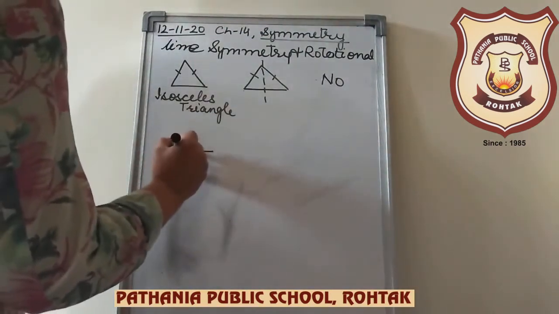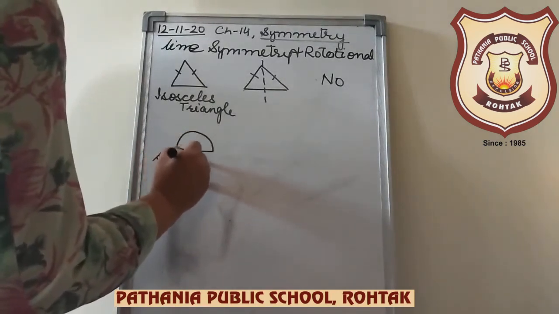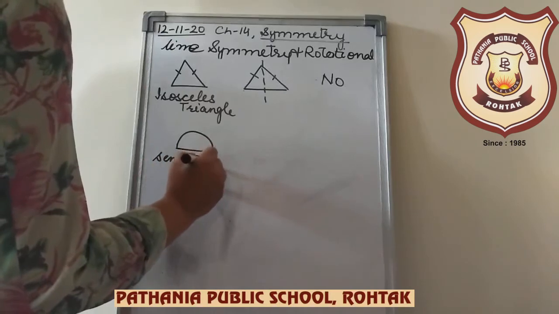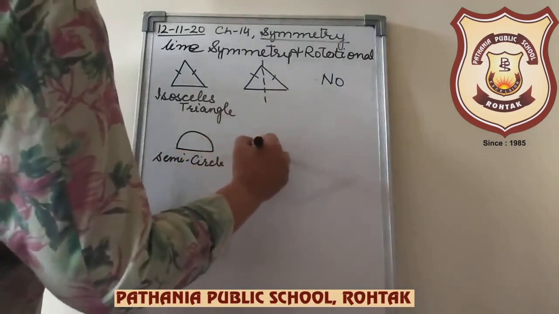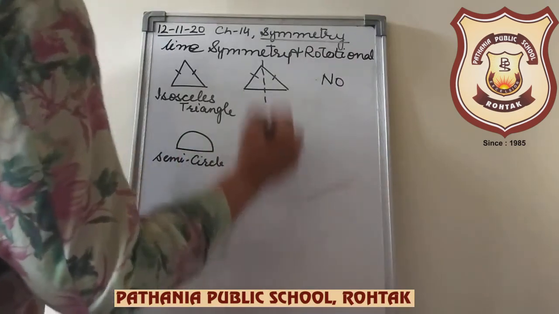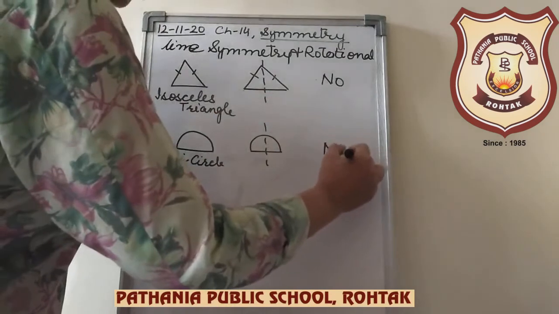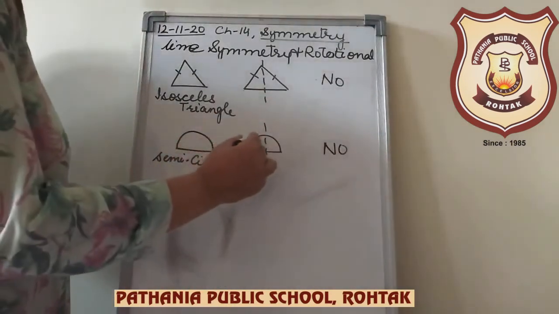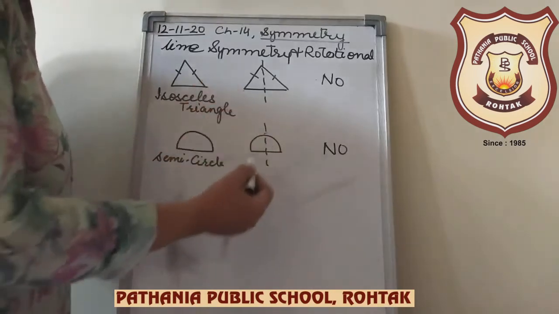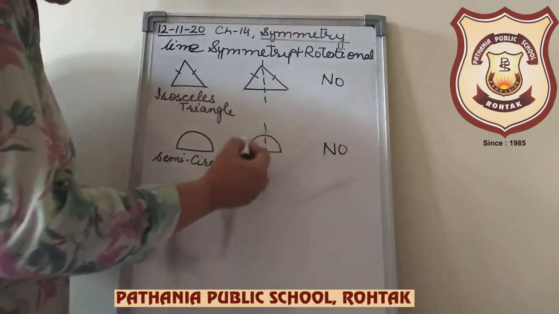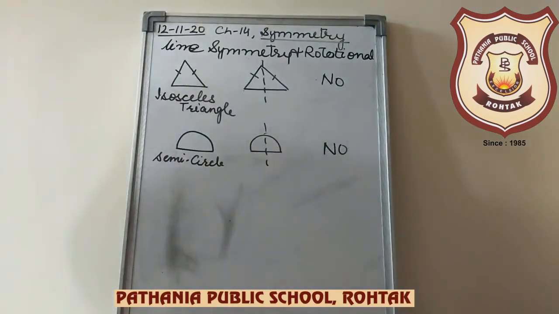Same is the case of a semicircle. When you draw a semicircle, there will be a line of symmetry, that too only one, but again no rotational symmetry, as at every 90-degree move or any degree move till 360 degrees, you will not get the same figure.